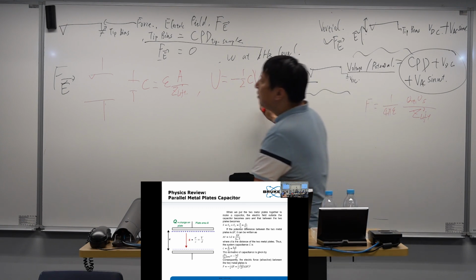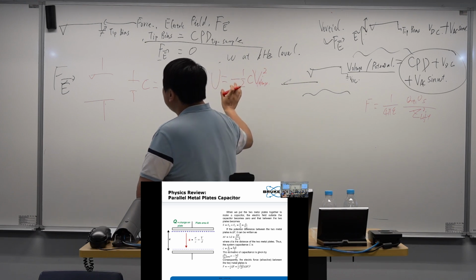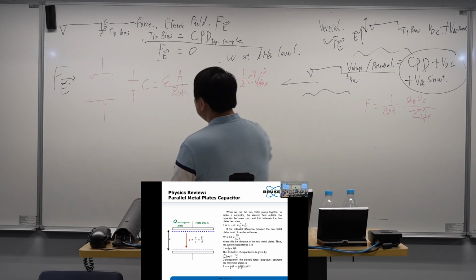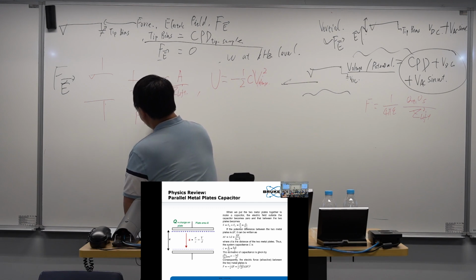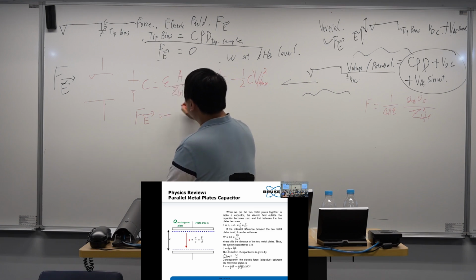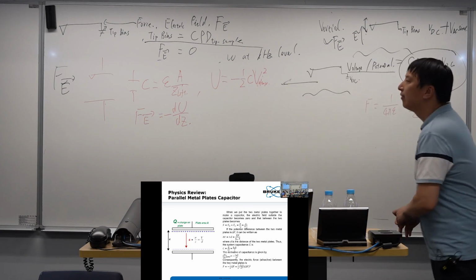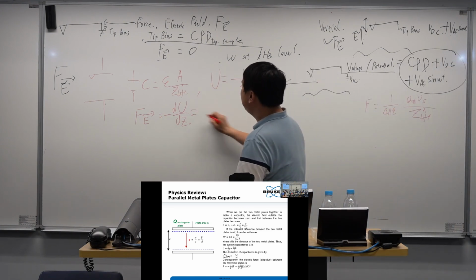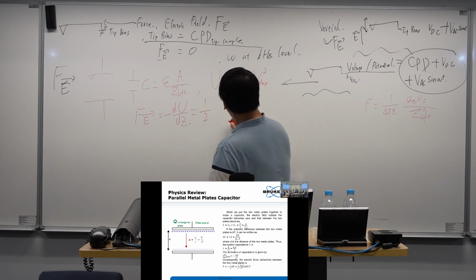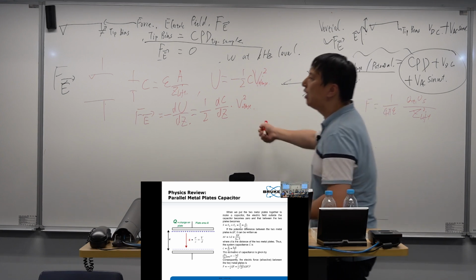And this is a conservative field. So the field force can be written down as the negative gradient of my energy. Okay, and then it equals one half dC over dz times voltage square. Then I write it down.